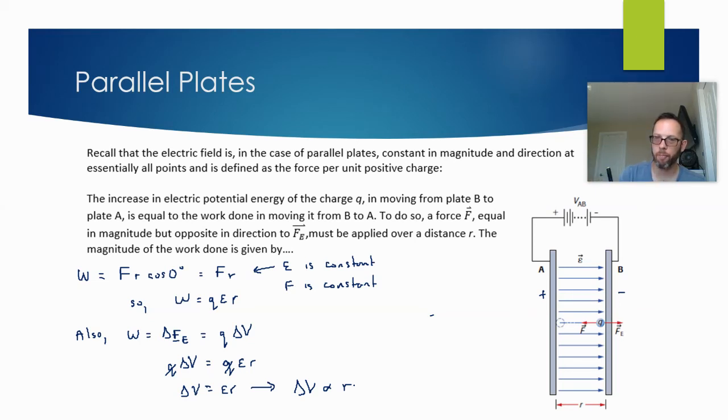So it's the same with electric potential. As you go across two parallel plates, so I'll do it like the diagram. If I move a charge, and it doesn't matter what the sign of the charge is, if I move it all the way across the plates, I have a certain change in electric potential. And if I move it just halfway, it's half the potential. So keep that in mind. I'll maybe add a little note on that.